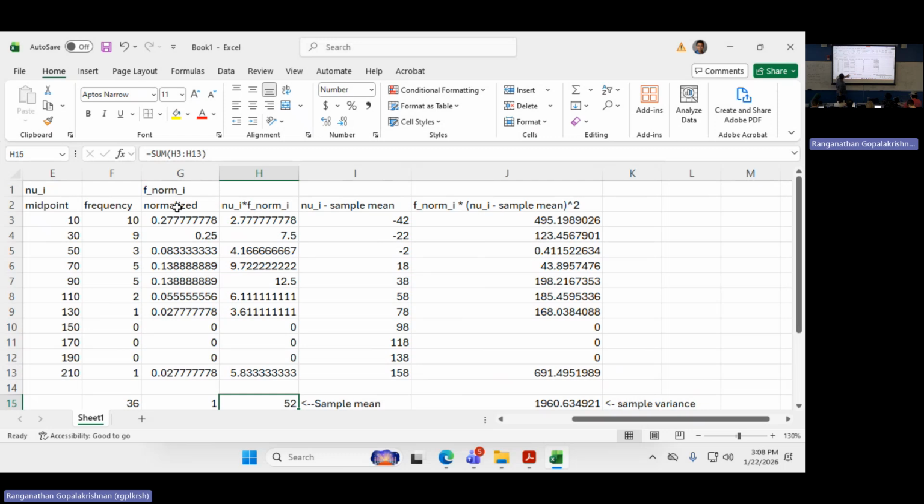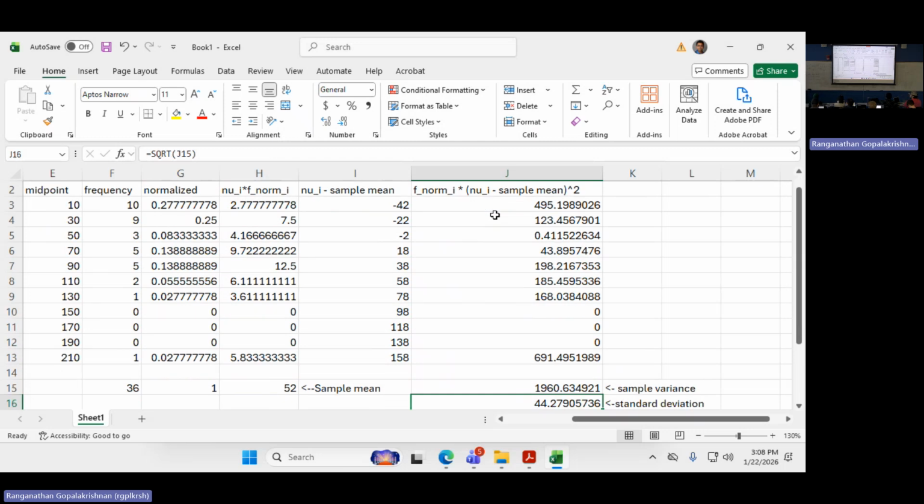So this is just to calculate this term. Then in the next column, I take the square of this value, multiply them together and write them row by row. Then I get the sum of them. Once I get the sum, I multiply by n and divide by n minus 1 to adjust for that difference in calculation. Then I take the square root to get the standard deviation, whereas this is the variance.